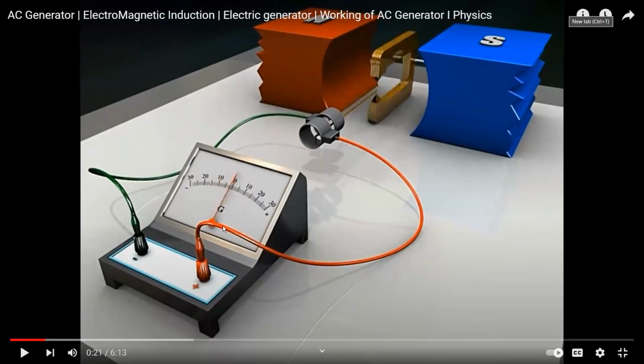The coil is also rotating, and we realize when the coil is literally 90 degrees, the galvanometer shows 0. Can you see that? Yes, sir. The coil is 90 degrees right now. It's vertical, not horizontal. When it's vertical, the galvanometer shows 0.